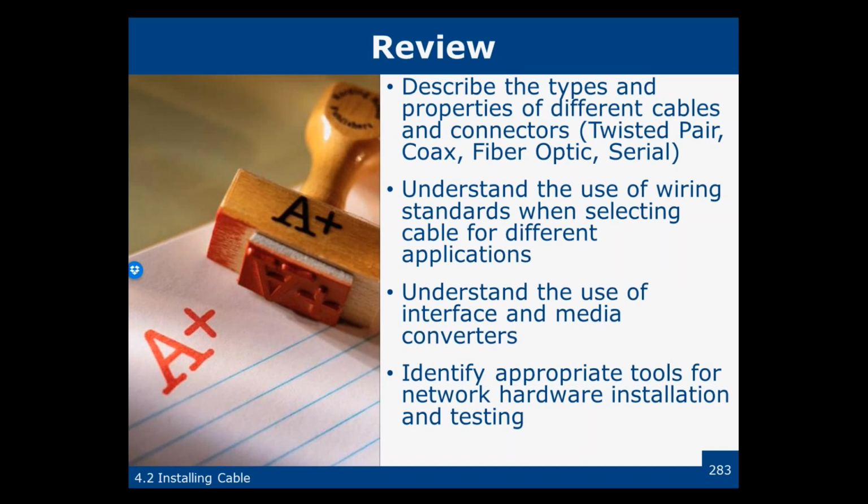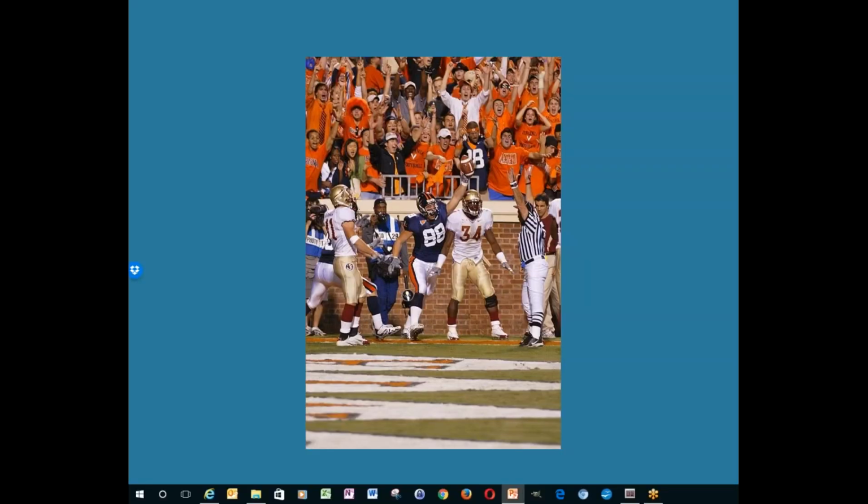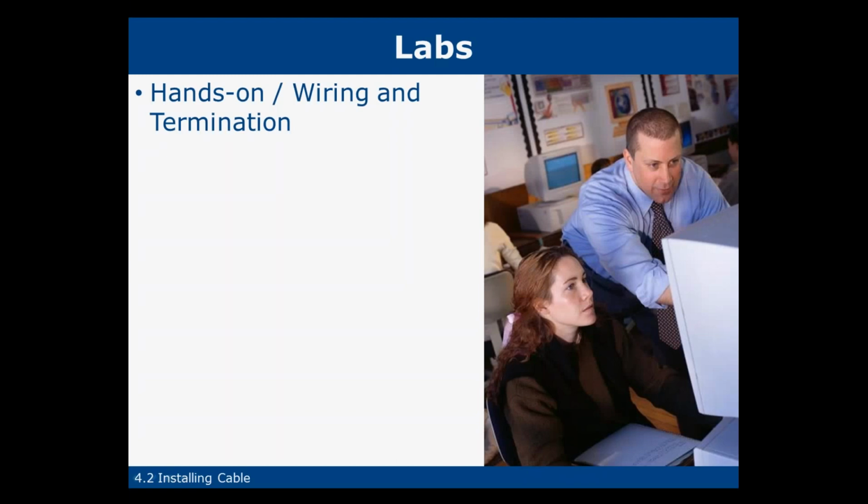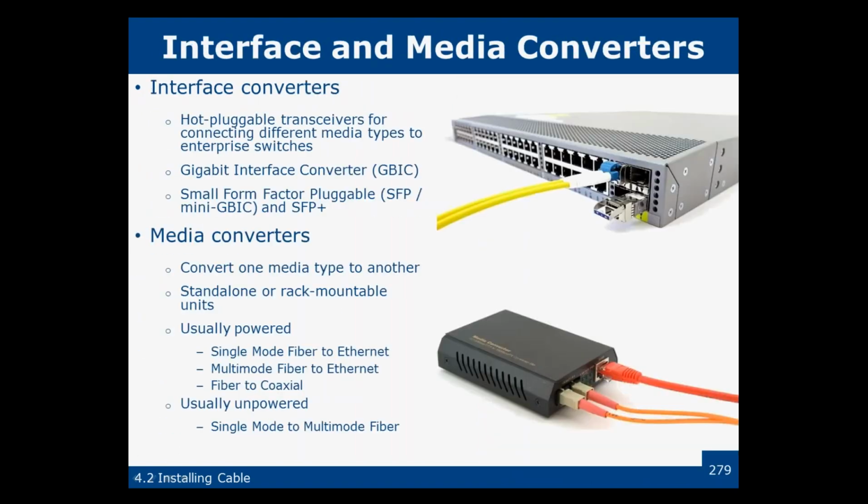What categories of unshielded twisted pair are certified to carry transmissions faster than 100 meg? Cat 6. I was trying to go back and I messed up. Cat 5 is still 100 megs though, right? It's just better shielded. Well, let's see, we got 5E, and let's go back to what they said.